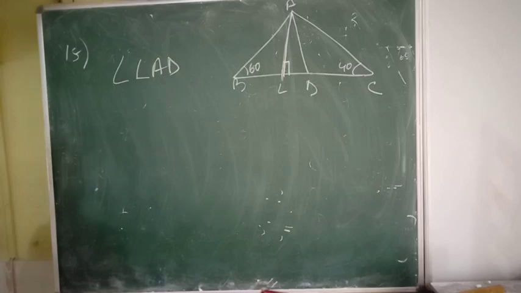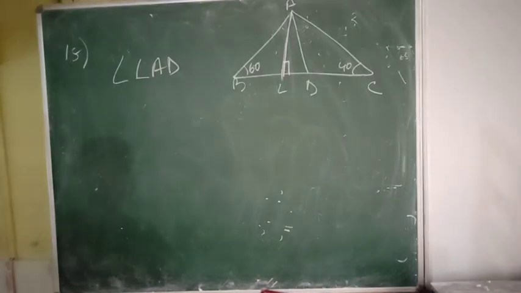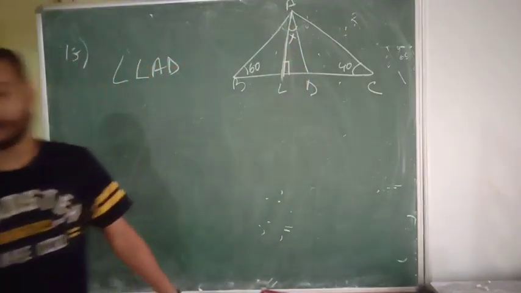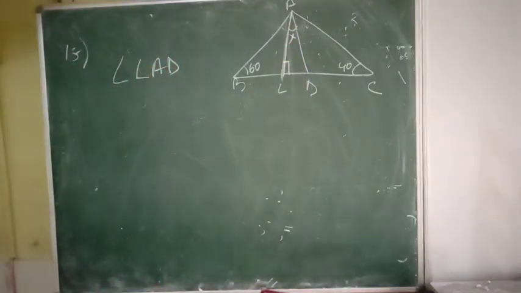And what more is given? Question number 15. See, here LN is a small angle. Now, how we are going to do this?